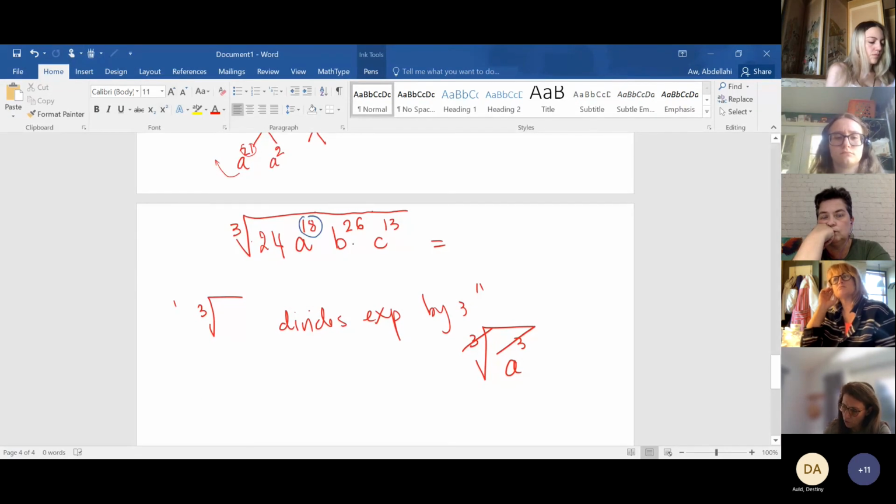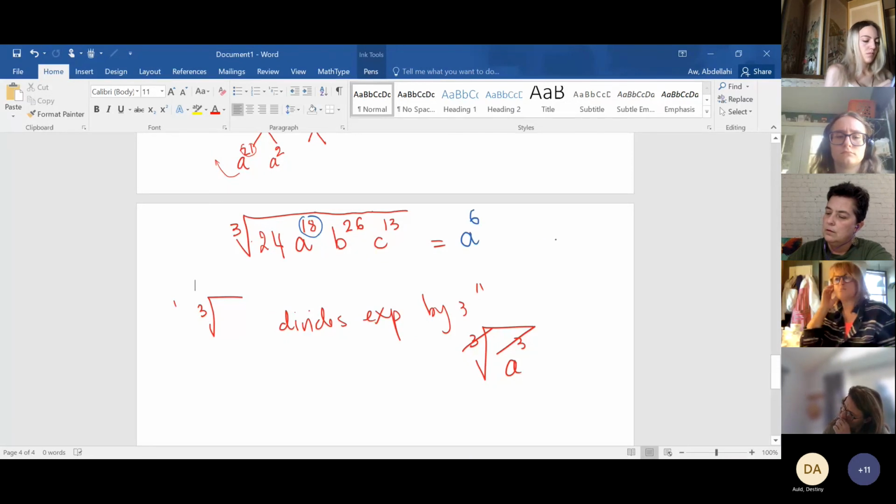Can we divide 18 by 3 exactly? Yes, 18 over 3 is 6. So here I will have A to the 6th power, and there will be no A left inside the cube root. It's all gone.